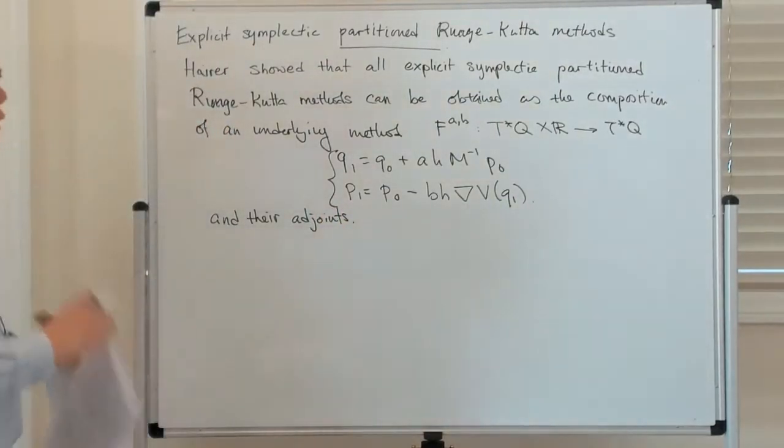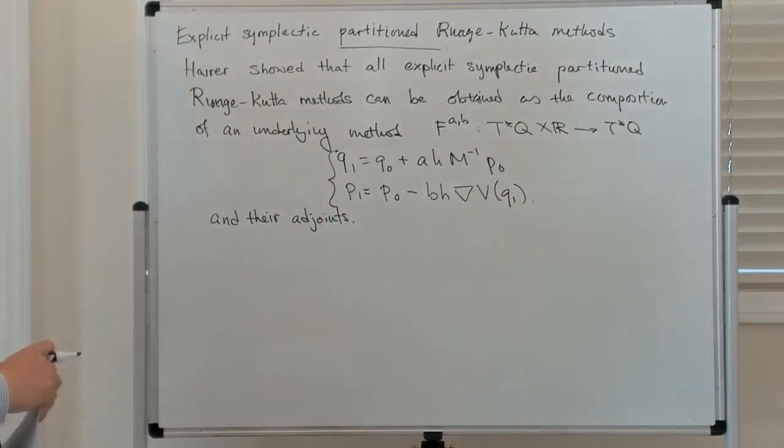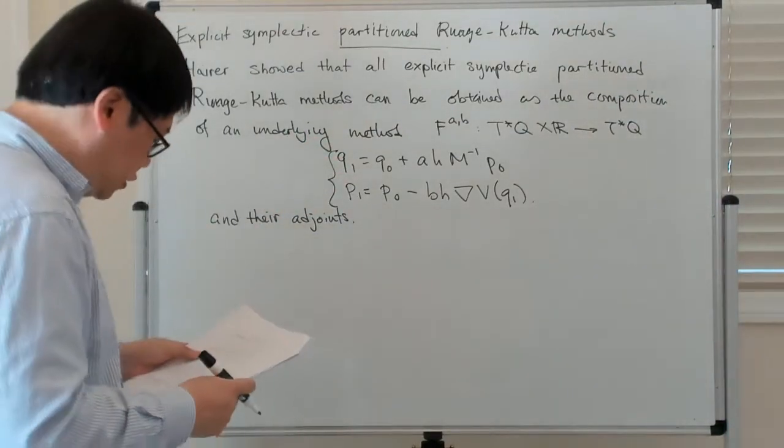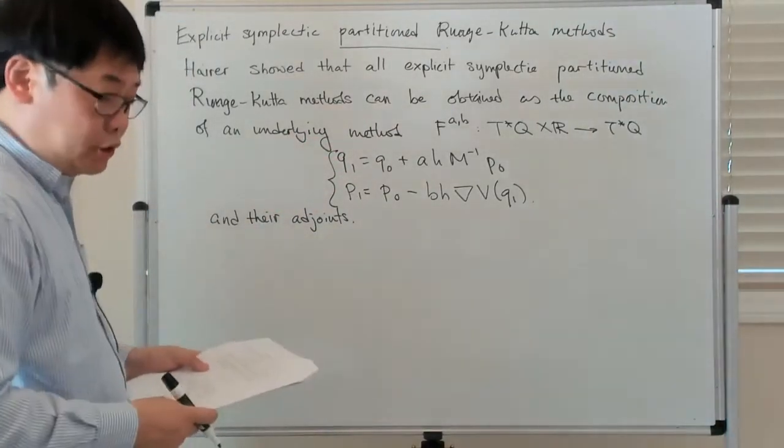So what we're going to show is that this underlying method can arise from a discrete Lagrangian, which then generates a variational integrator.